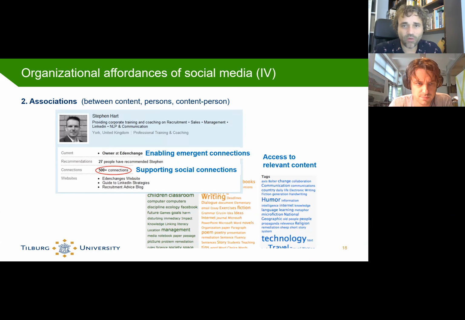You have a list of followers and followees on Instagram and Twitter, a list of connections on LinkedIn, a list of friends on Facebook, a list of contacts on Snapchat, etc. So the ability to associate people with each other, but also to associate knowledge, because, for example, tagging a YouTube video is also a form of association. You can find all YouTube videos that are tagged social media at work. So the ability to draw associations between people, and between content and people, is the second main affordance of social media.